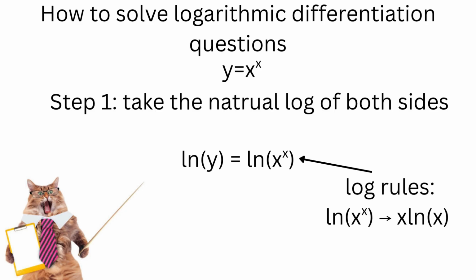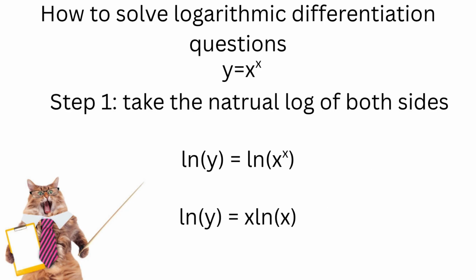But because of log rules, we know that the natural log of an exponential expression equals the product of the exponent of that expression times the natural log of the base. So the natural log of x to the power of x equals x times the natural log of x. Thus, we end up with the natural log of y equaling x times the natural log of x.